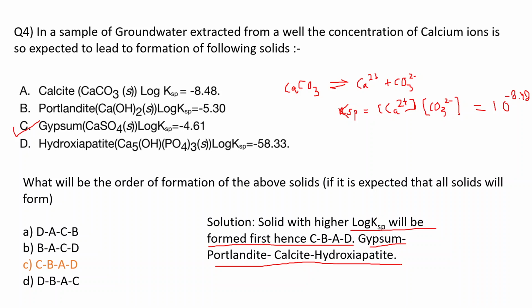This is the sequence of formation of the compounds. So gypsum has the highest log KSP, if we consider the minus sign also. When we write it in terms of KSP, it will be 10 raised to power minus 4.61. So it will be formed first.